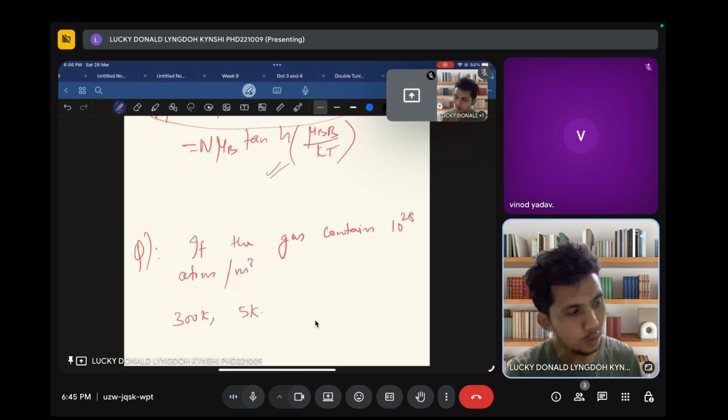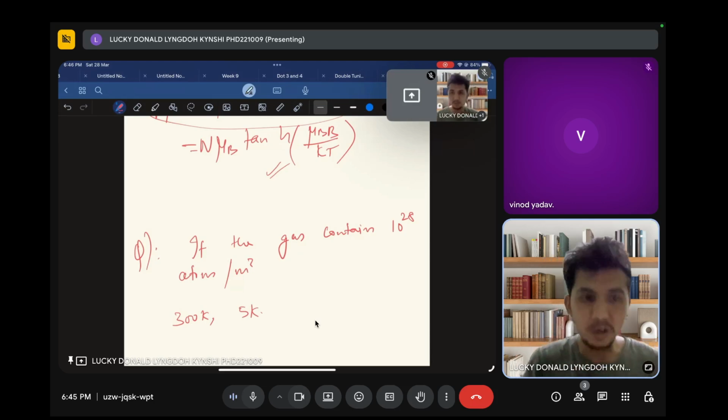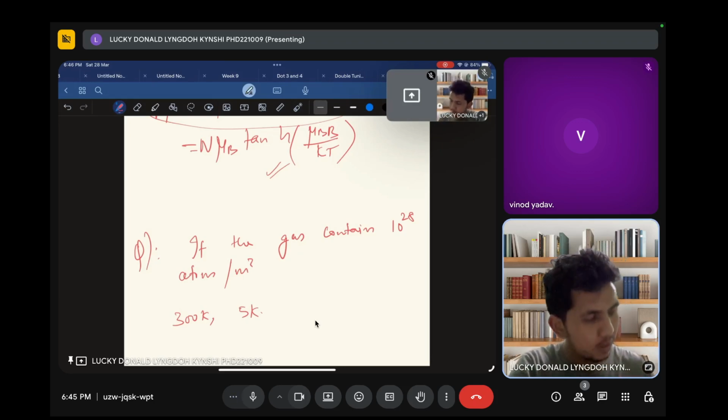Okay, so what you have to find out is the populations of the levels, that is n minus and n plus. Remember, there are two energy levels now because of the two energies, E plus and E minus. You have two energy levels, n minus and n plus, and also the magnetization at a magnetic flux density of 2.5 Tesla.